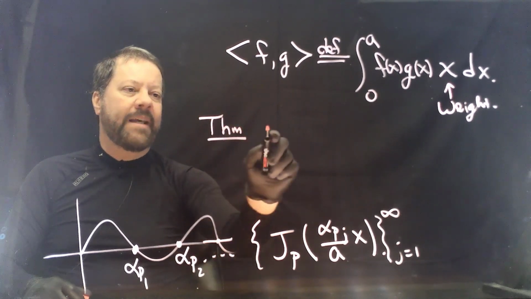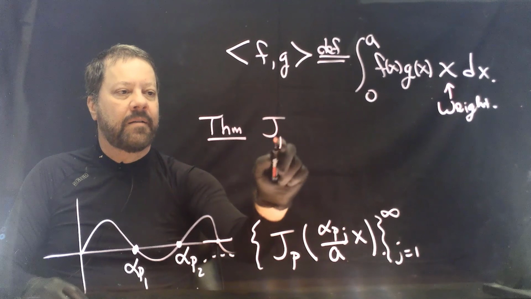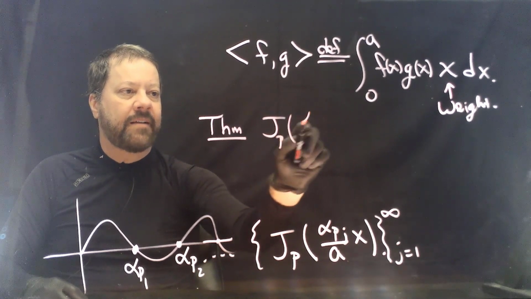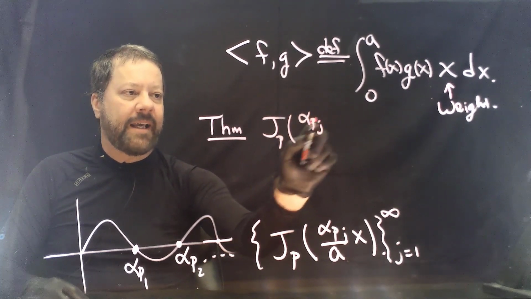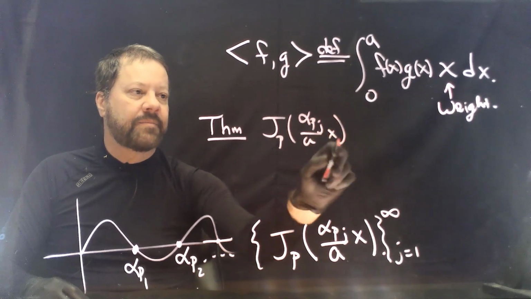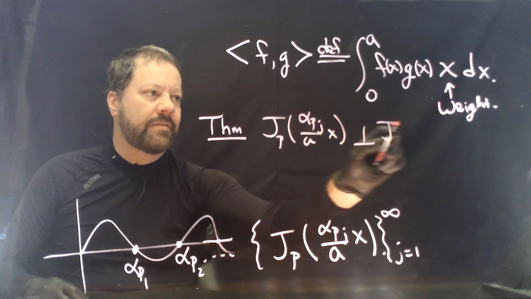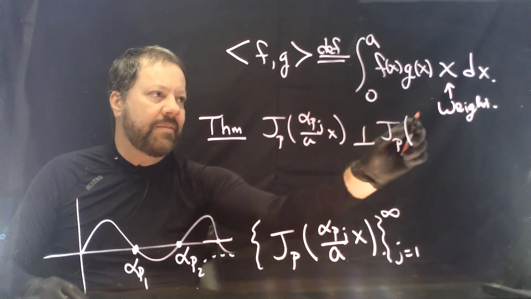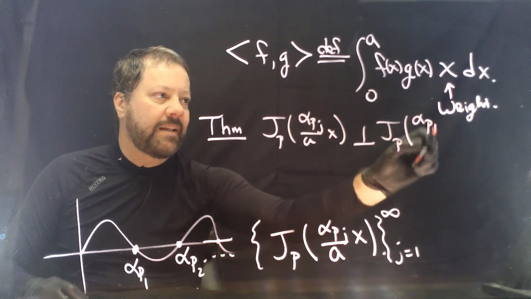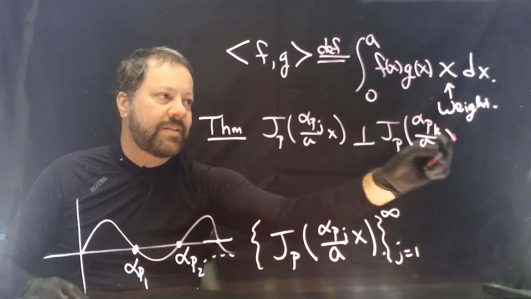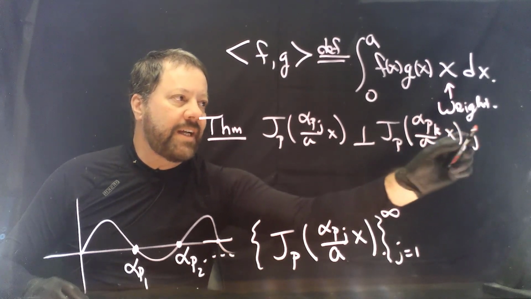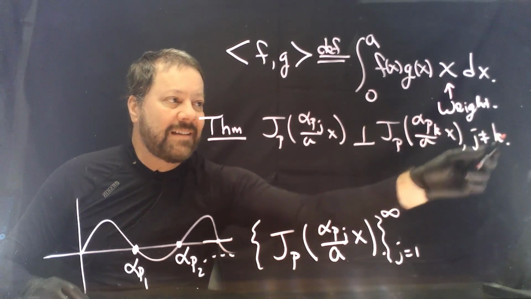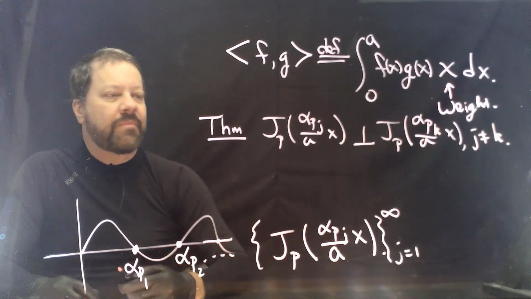Our theorem will be that if we have, say, J_p of alpha_pj x over a, that's going to be orthogonal to the Bessel's J function of order p, alpha_pk x over a, provided j is not k, provided they're distinct.